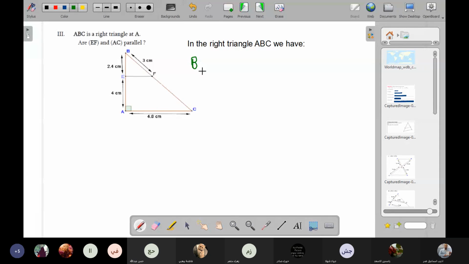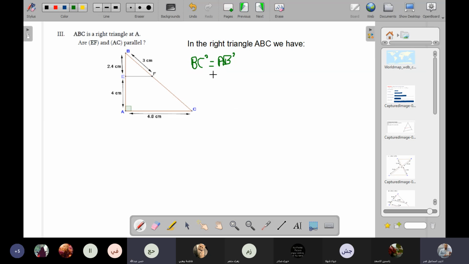In the right triangle ABC, use the sides of the right triangle ABC to find the measure of BC. BC power 2 equal AB power 2 minus AC power 2 minus.